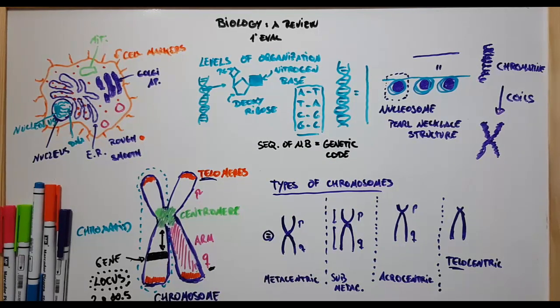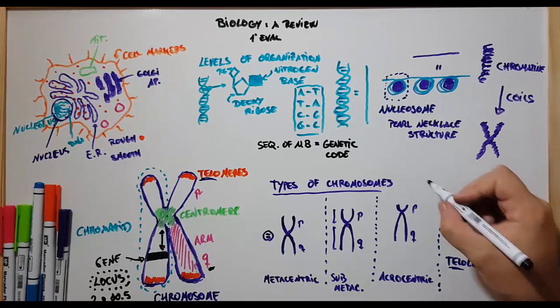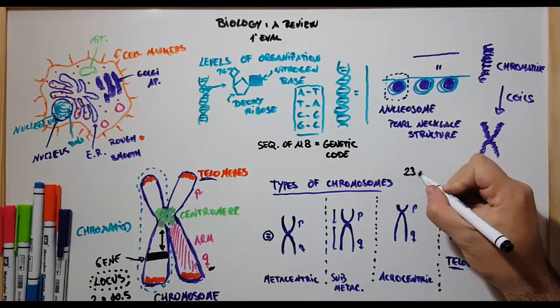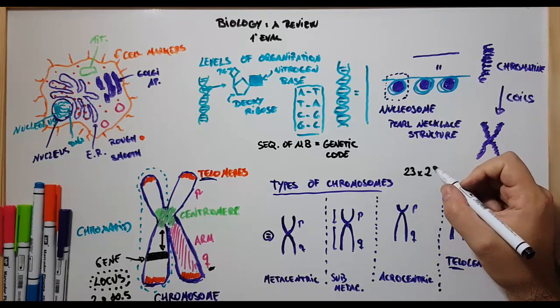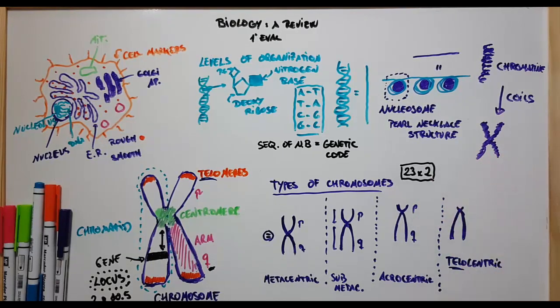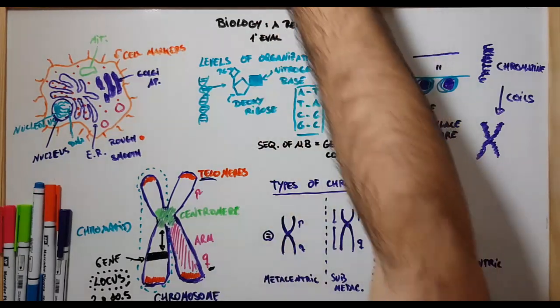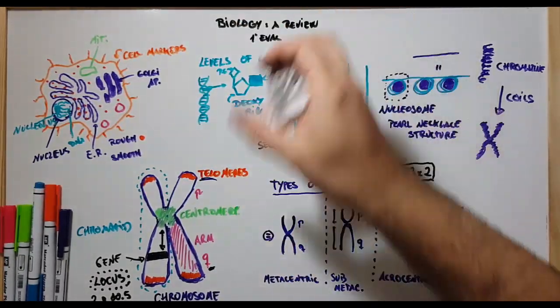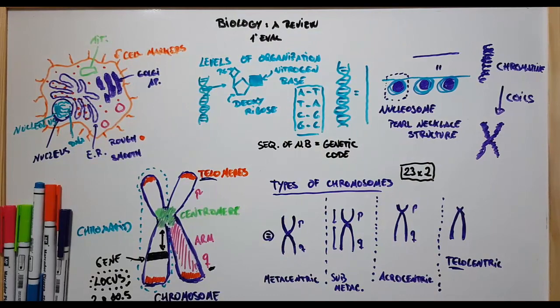Last but not least, remember that we have 23 pairs of chromosomes in humans, and that there are mutations that affect the structure, the shape of the chromosome.